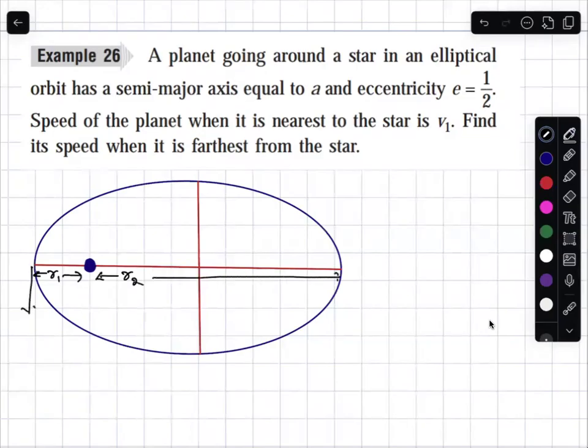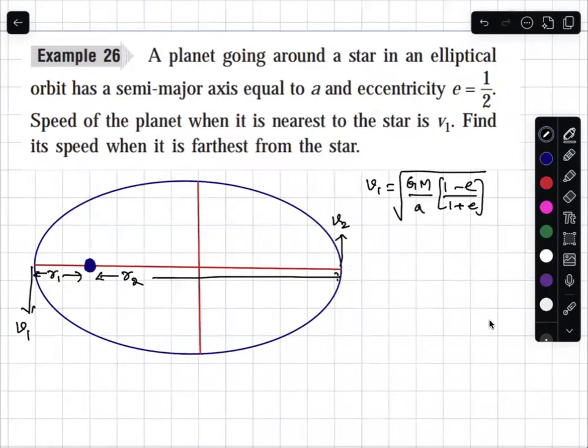This is the nearest point speed V1, and this is V2. But we have relations right now. V1 is root of G capital M by A times 1 minus E by 1 plus E. Sir, where did you get these relations?